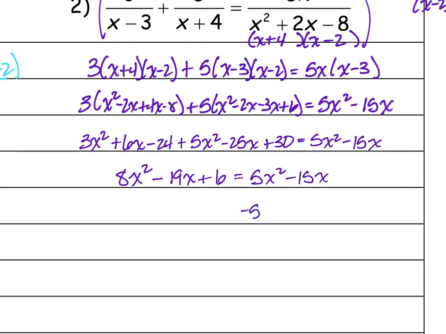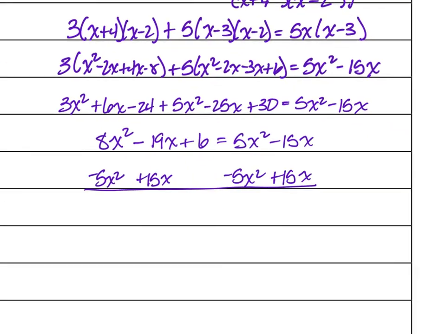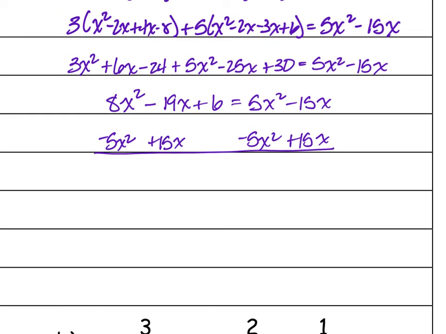And if I subtract 5x squared, I'm going to add 15x. Am I going to run out of room to write? Oh no, I have a few more lines. Okay, great. So I have 3x squared minus 4x plus 6 equals 0.